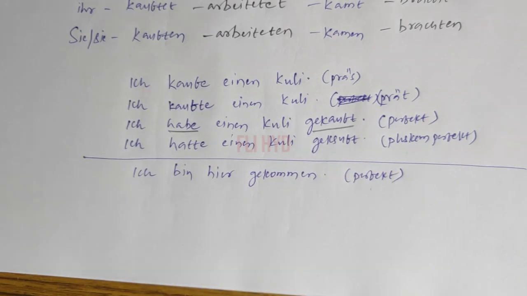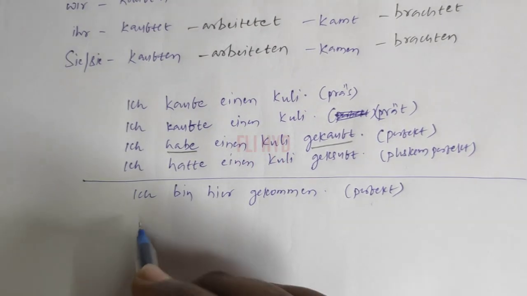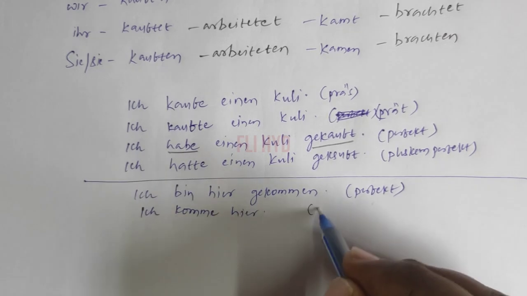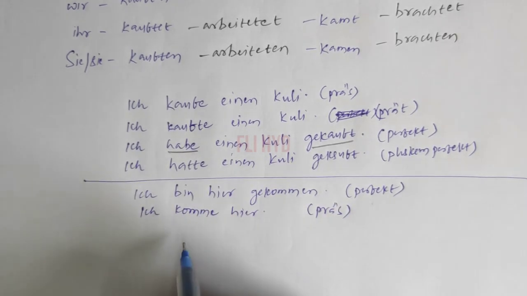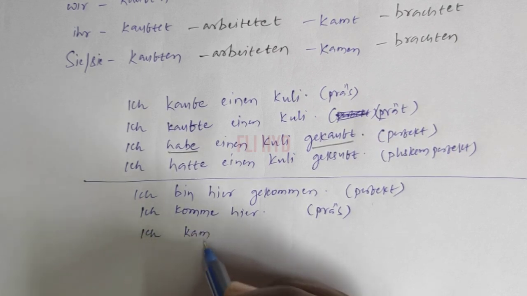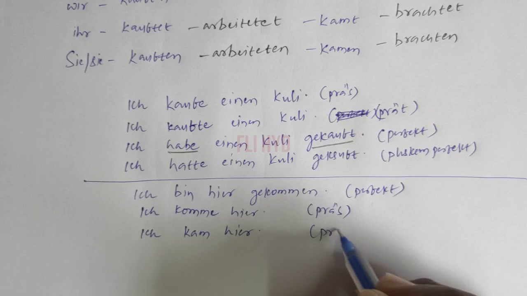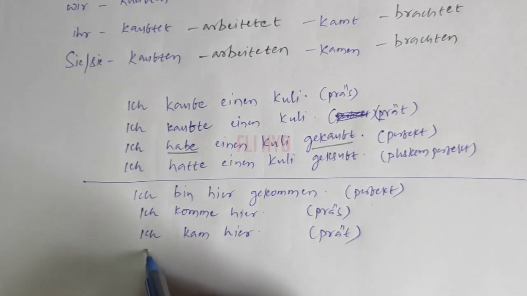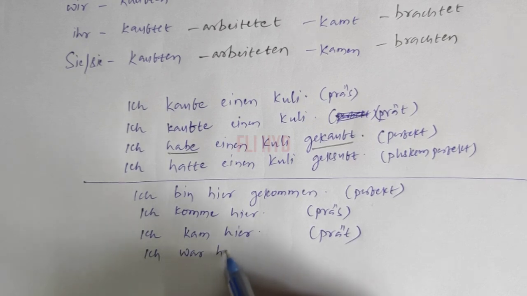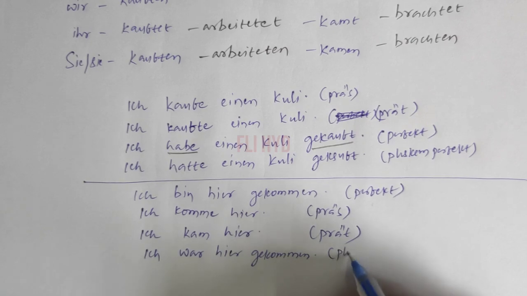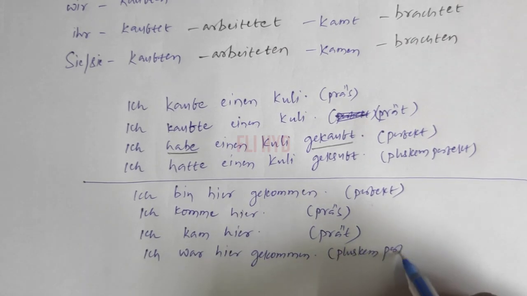For this, the present tense is Ich komme hier. And the past tense is Ich kam hier, it's a strong verb. And Plusquamperfekt: Ich bin hier gekommen changes to Ich war hier gekommen. Okay, I had come here. So this is Plusquamperfekt. Clear?